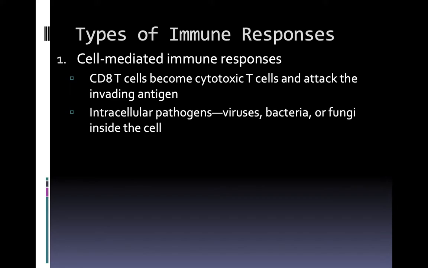Cytotoxic T cells will get rid of pathogens that get inside human cells. So bacteria can do this, fungi can do this, worms can do this, viruses always do this, especially COVID-19. We talked about how COVID-19 invades epithelial cells in the lungs. CD8 T cells, cytotoxic T cells, will also get rid of cancer cells.